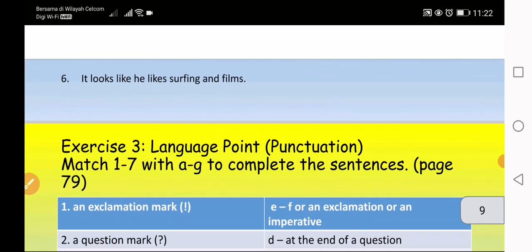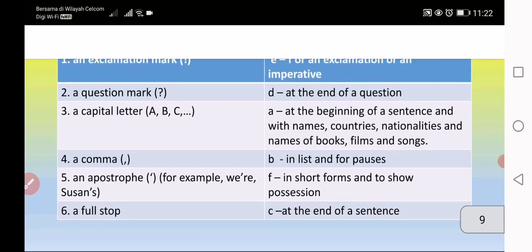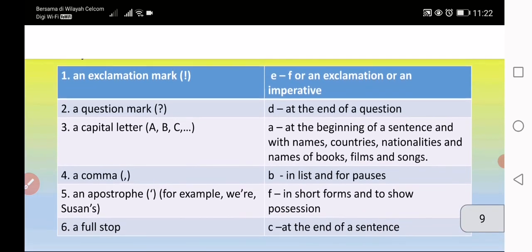Alright, and then next we learned about language point, which is about punctuation. Okay, this one we did last Monday. Okay, I think most of you know about this, but some of you still got wrong in the exercise.